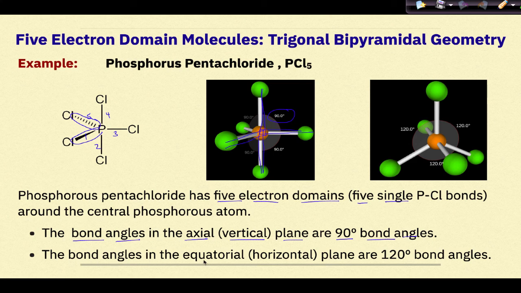The bond angles in the equatorial or horizontal plane are 120-degree bond angles. So that is if we rotated this, so our chlorines that are straight up and down are now going back into the page and out of the page. The bond angles here, here, and here are all 120 degrees. So that's something to keep in mind when you're thinking about trigonal bipyramidal geometries.